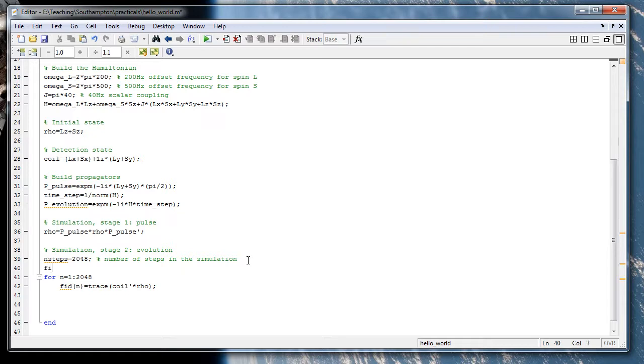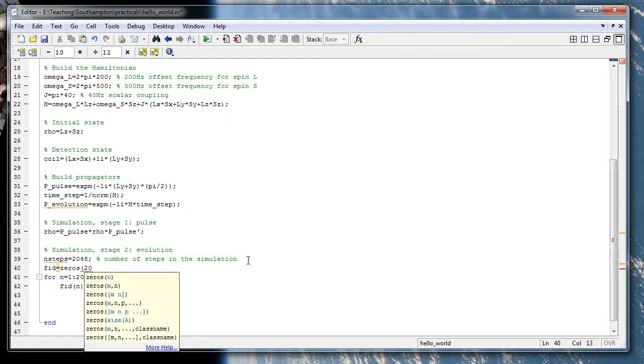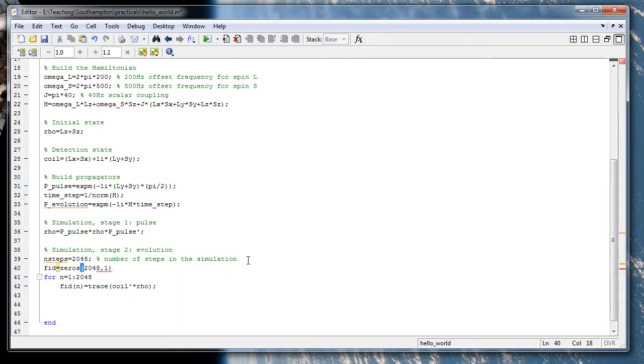So our FID array will be zeros with 2048 columns and 1 row. So that pre-allocates the array. And that would mean that next time it reassigns something, the array dimensions are already there, they are not being changed by the operation, and it is slightly faster from the perspective of the computer.